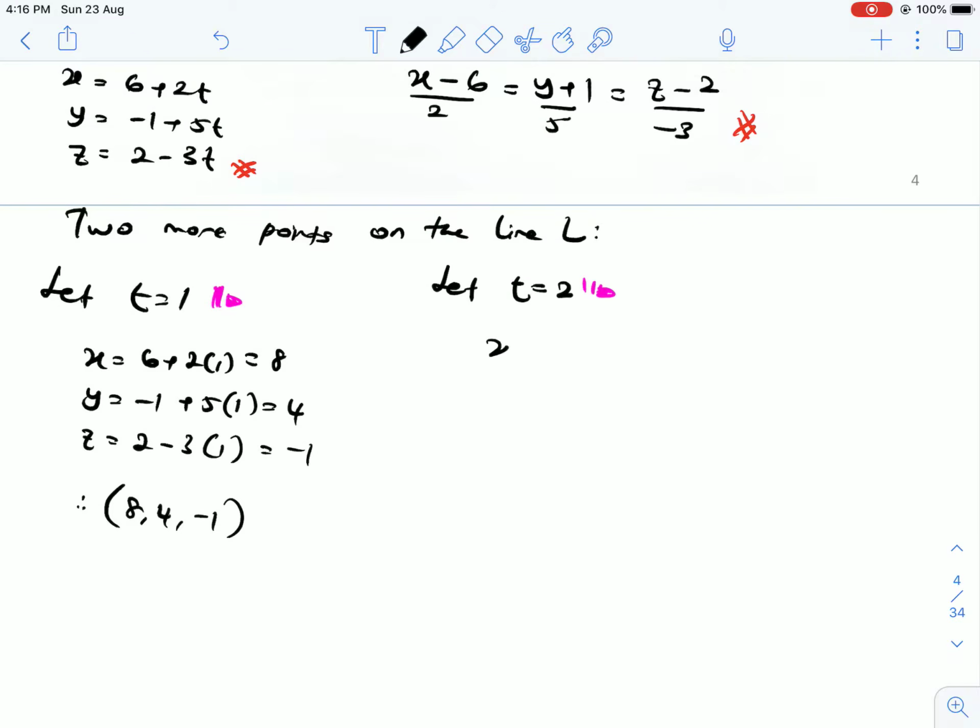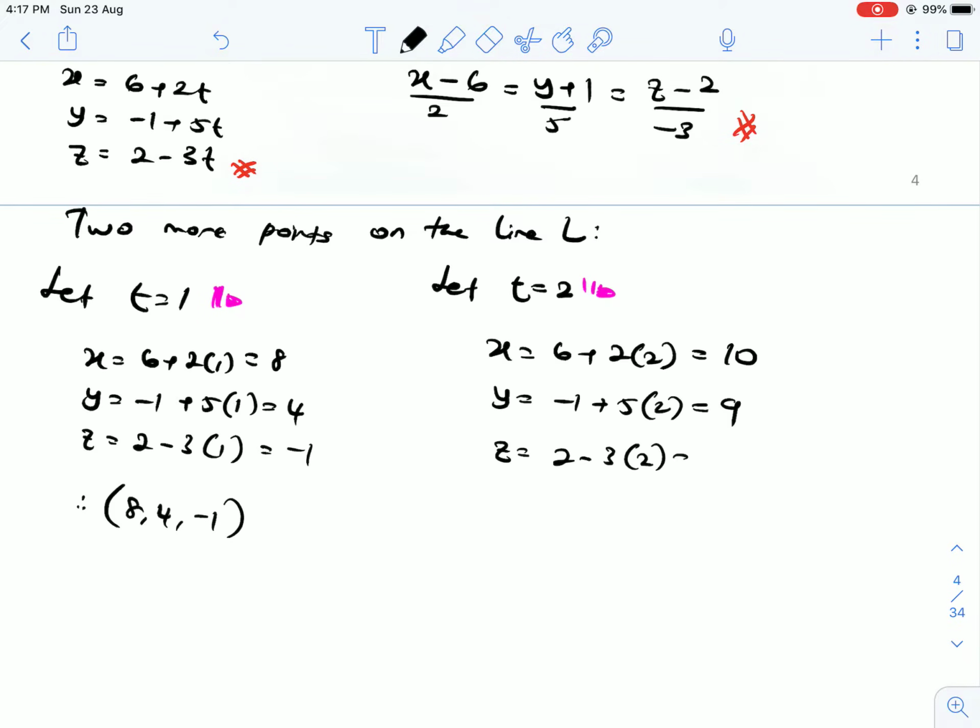We have x equals to 6 plus 2 times 2, we get 10. Y equals to negative 1 plus 5 times 2 equals to 9. And z equals to 2 minus 3 times 2, we get negative 4. So the second point that lies on the line L is 10, 9, negative 4. That's the answer.